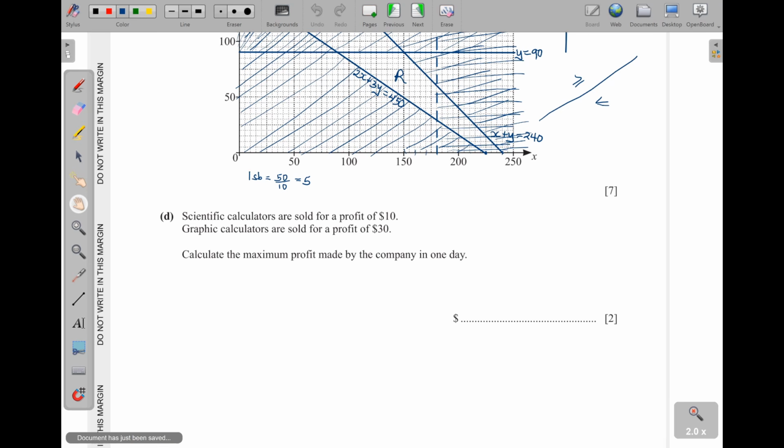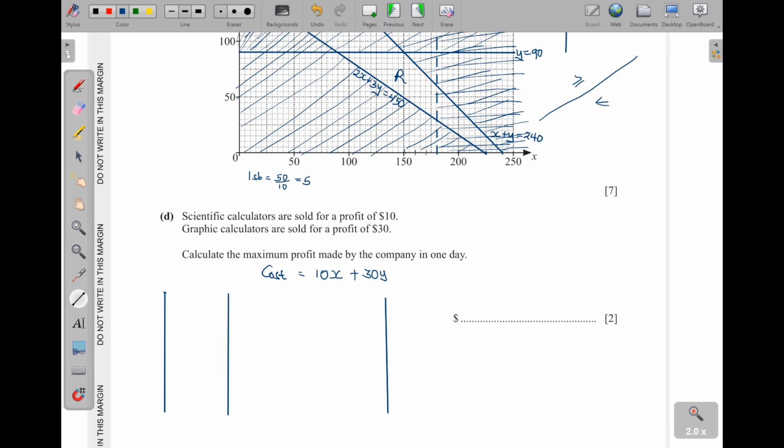So what you have to do is to find out the cost. So the cost equation is going to be, we don't know how many X calculators are there, but each of them, scientific calculators, costs 10. So that will be 10X, then plus, this is 30Y. So I can get a table here, and then I find the cost for a few values around the extremes.